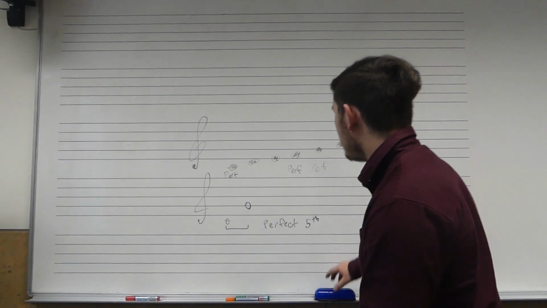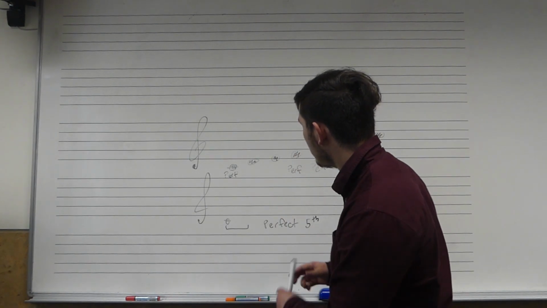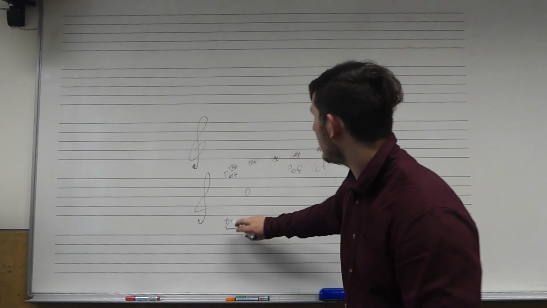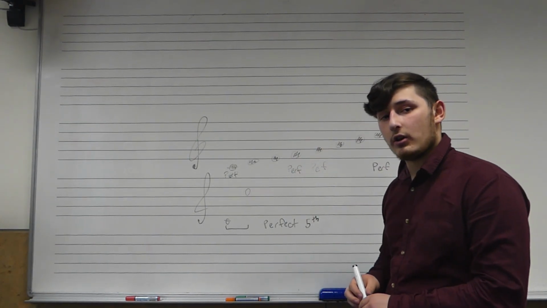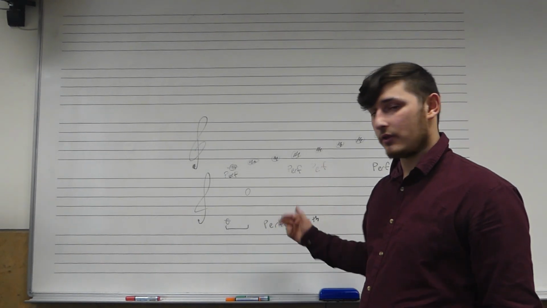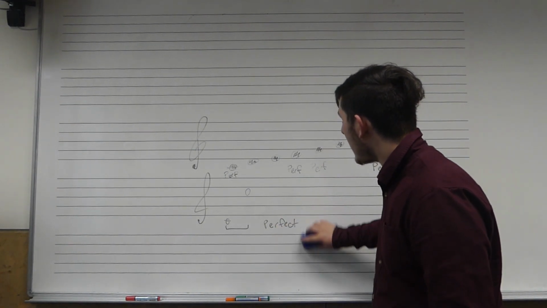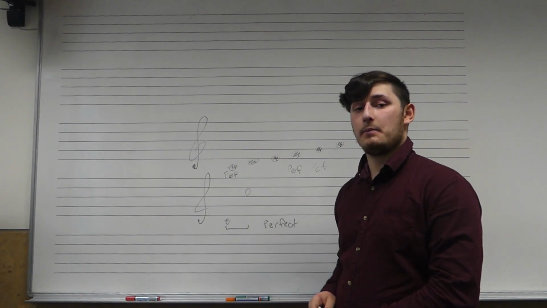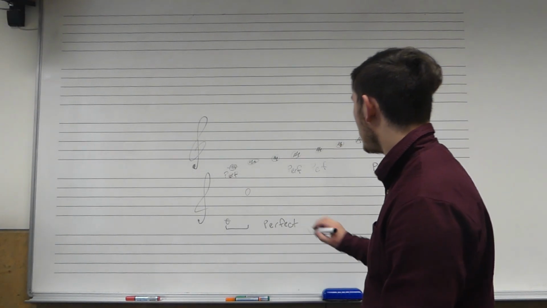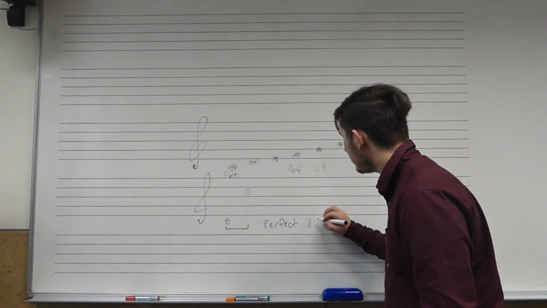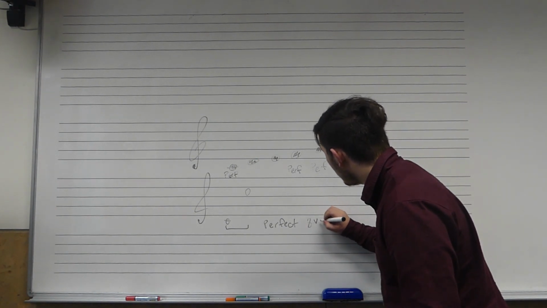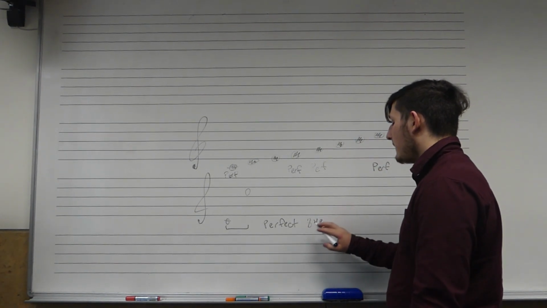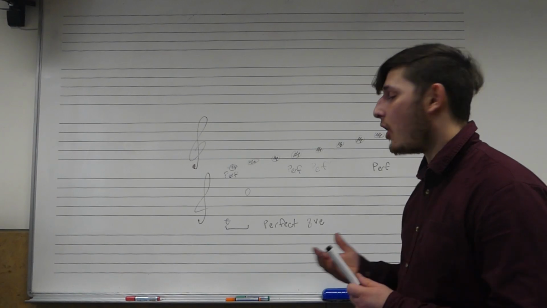The same we can get with C to C. Now, this is not a unison because they're not the same note. They are an octave apart. So, a perfect octave, and we have the notation 8VE for octave.